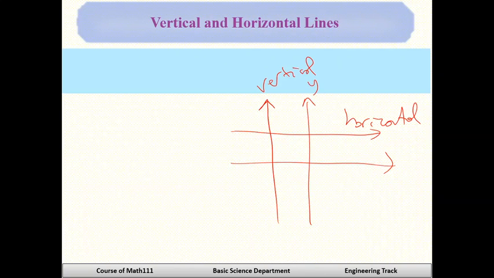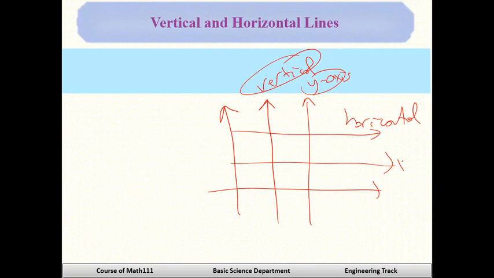The y-axis is also a vertical line, and any line parallel to the y-axis will be a vertical line. Any horizontal line is parallel to the x-axis. The x-axis is also a line. So these are horizontal. These are vertical.